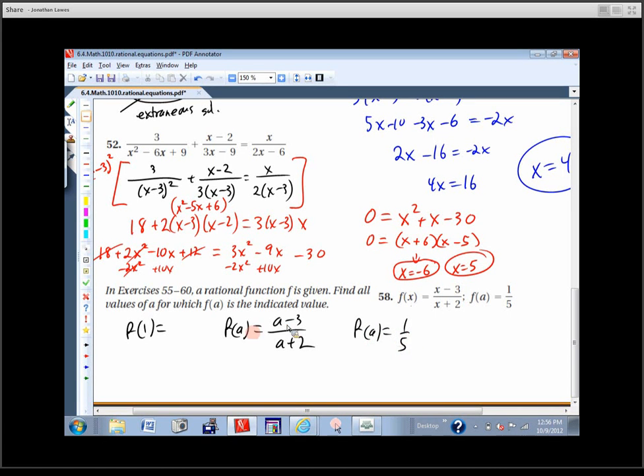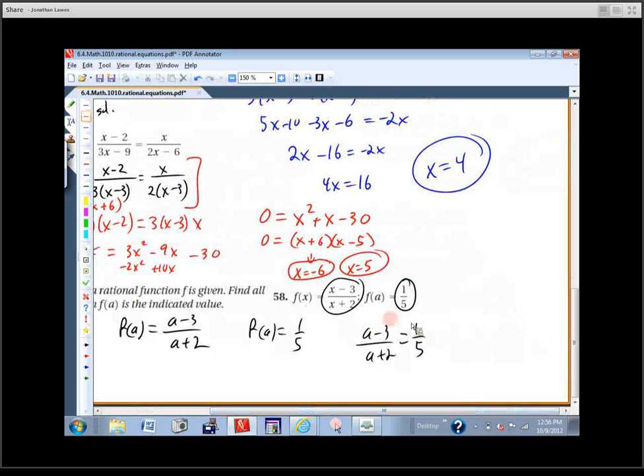Okay, so if we plug in an a, we get this expression. If we plug in an a, they're telling us, well, that expression better be equal to this number. So this is a very fancy way of saying, set this equal to this. Just that we have a's in place of the x. So we're going to solve a minus 3 over a plus 2. Set that equal to 1/5.